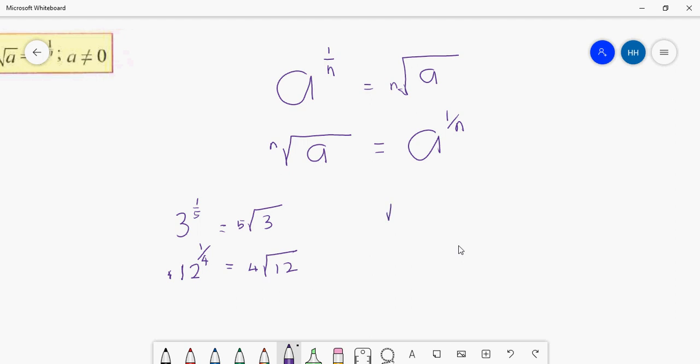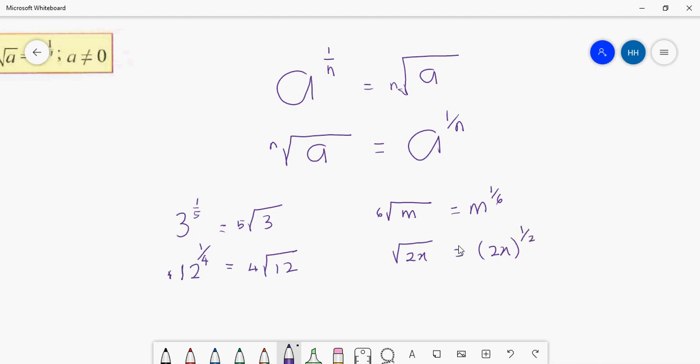Let's say you have 6 root m. You can write it as m to the power of 1 over 6. Let's say you have square root 2x. You can write this as 2x in brackets to the power of 1 over 2.